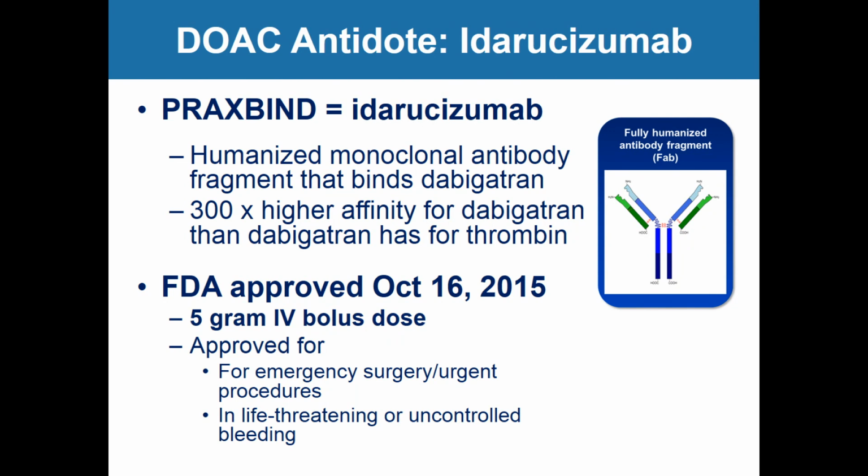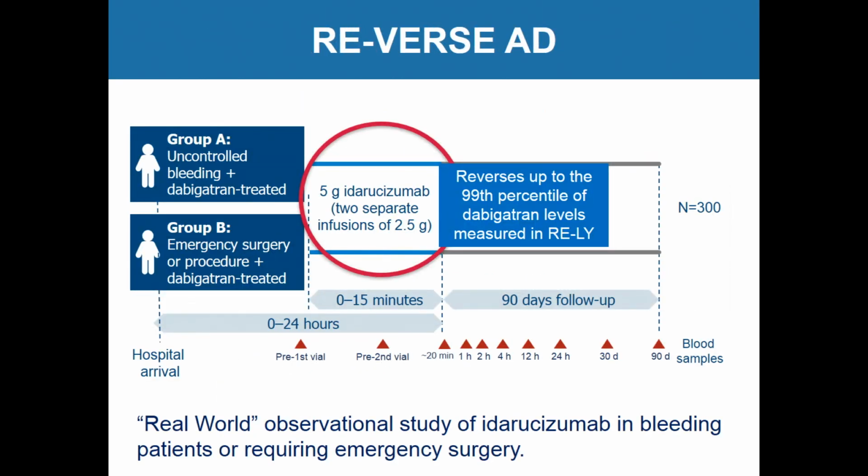It is a one dose for all patients who present with dabigatran-associated bleeding, or who require urgent or emergent surgery to fix life-threatening problems. Every patient exposed to dabigatran with these indications will get a 5-gram IV bolus dose.